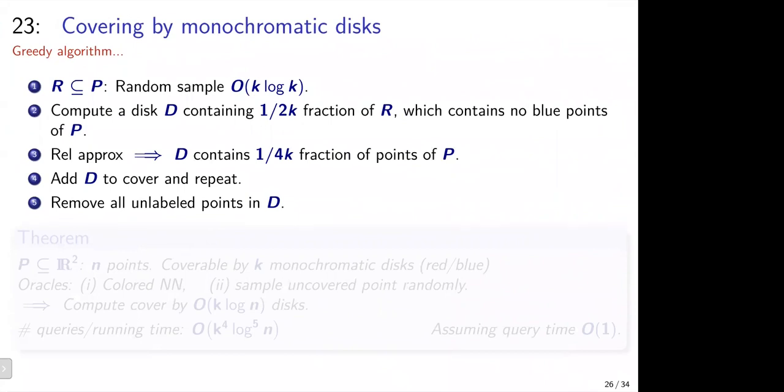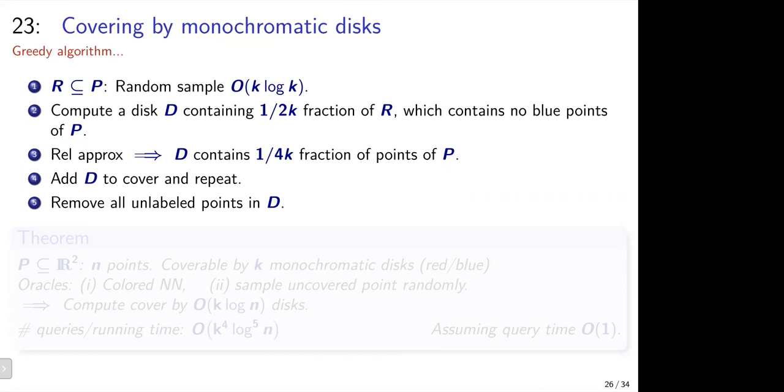The only trick here is in the sample: we need to use this idea of relative approximation. I don't know if you're all familiar with that. Relative approximation is something between epsilon net and epsilon approximation. It has the size of an epsilon net, but it approximates every range that has weight bigger than epsilon correctly up to, let's say, a factor of 1 plus or minus a half.